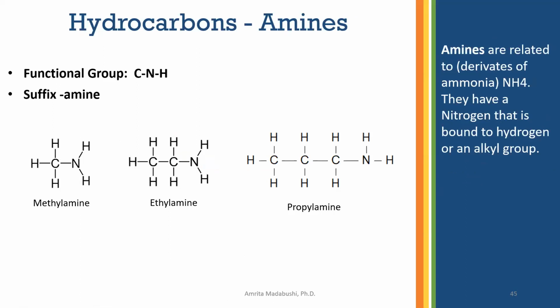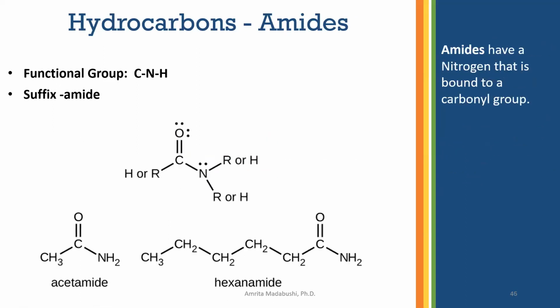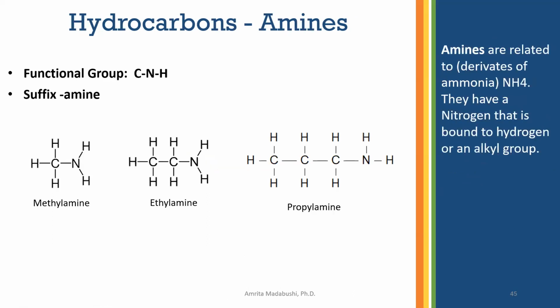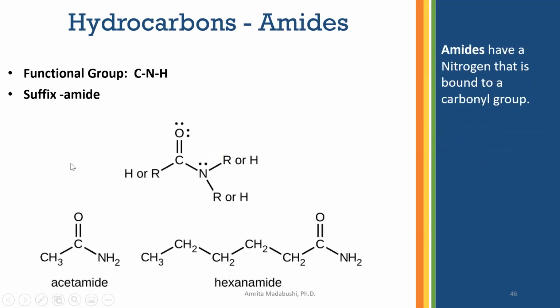I got asked another really nice question. Thank you for sending all these questions. For example, someone said, if given a compound like C5H something N something, how do I know if it is an amine or an amide? If you see here, the amine group is NH2 and that one is CONH2.